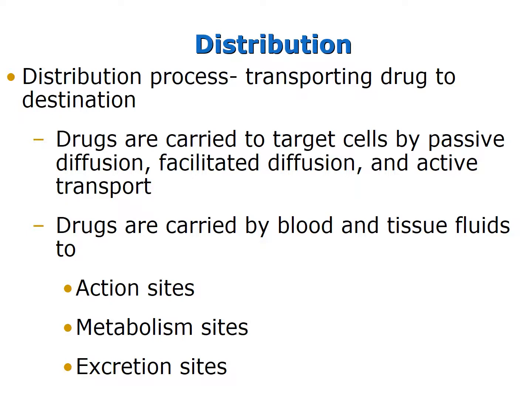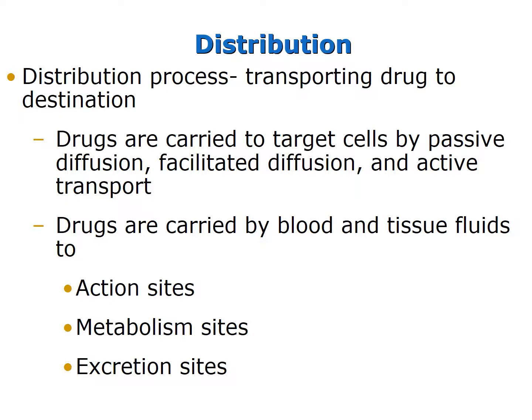Facilitated diffusion is when molecules are combined with a specific carrier molecule, and they have a quicker, accelerated diffusion. It's from an area of high to low concentration, and it requires no energy. An example of that is glucose. Active transport is where molecules move against the concentration gradient.